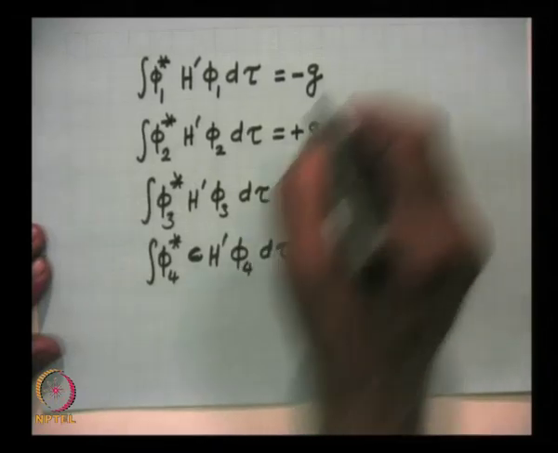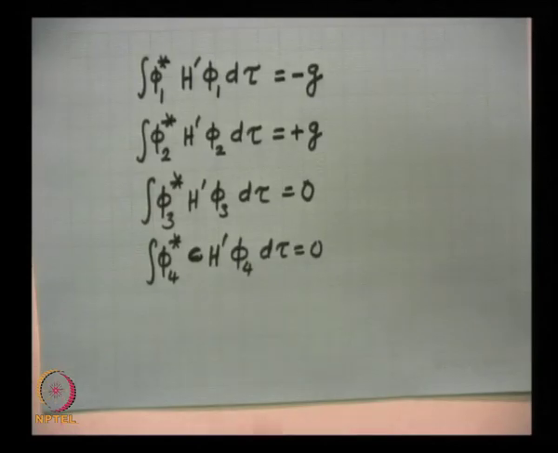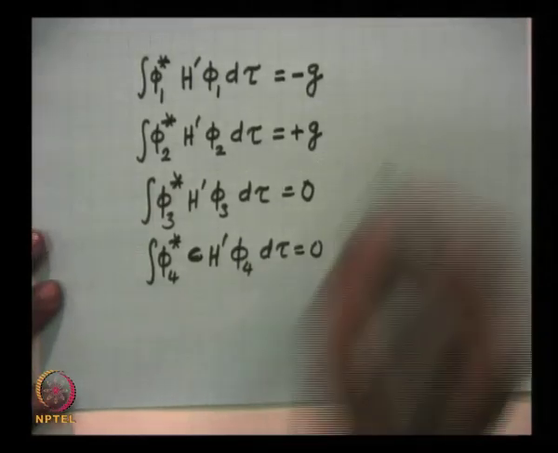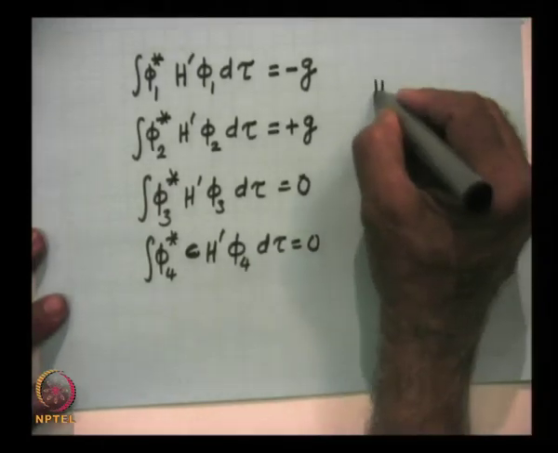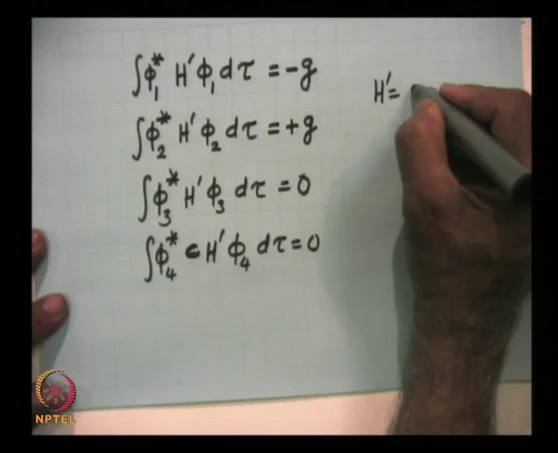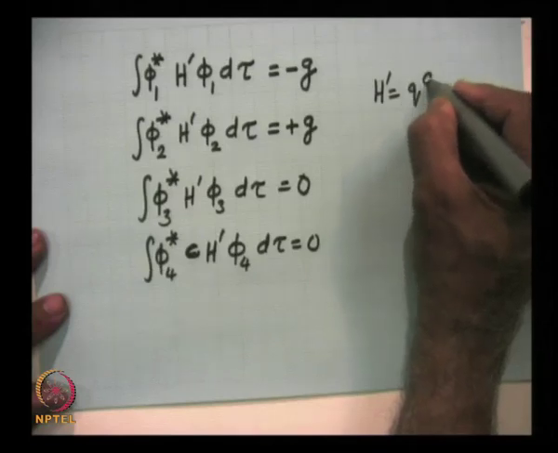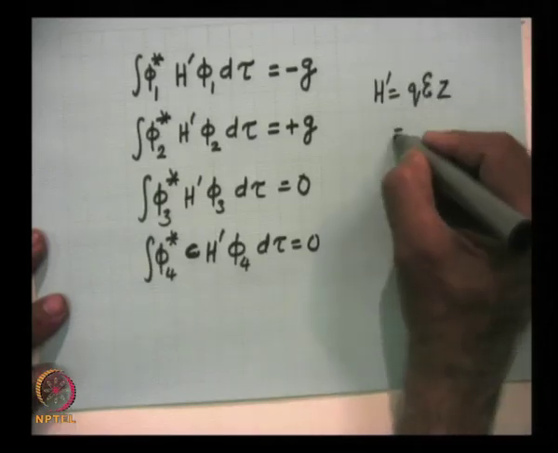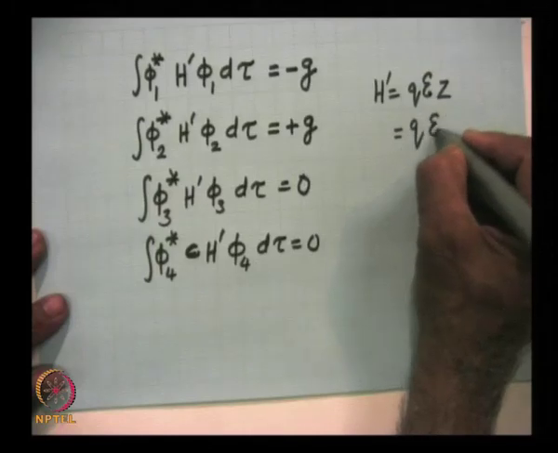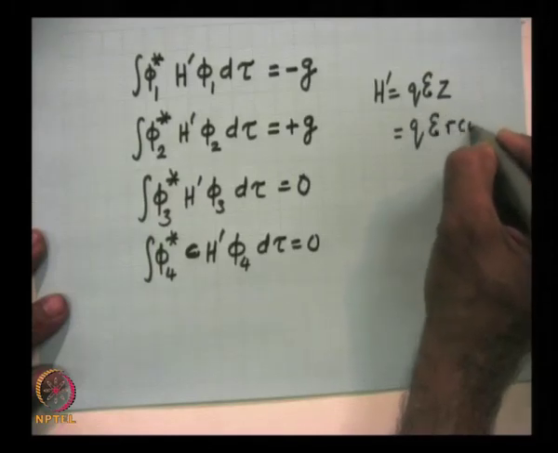So, all other matrix elements are 0. Of course, I have h prime is equal to q e z, that is equal to q e r cos theta.